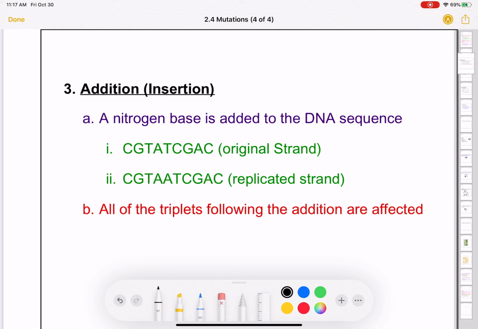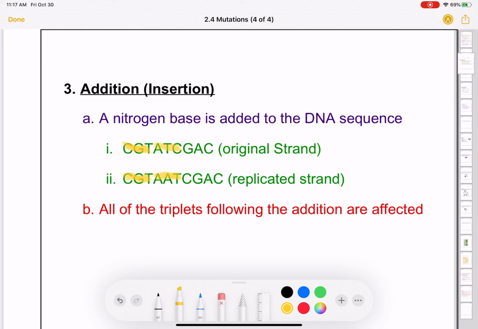The third one here is addition. So this is when we insert a new nucleotide or nitrogen base into the original DNA strand. So again, we're going along CGT, and then we've got ATC, and then we've got AAT.